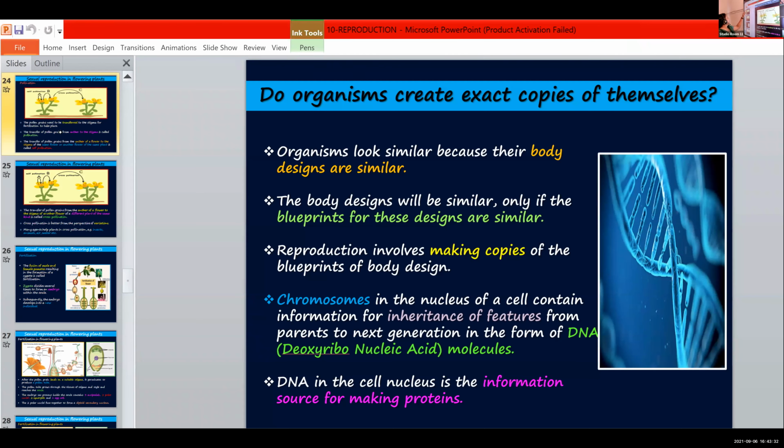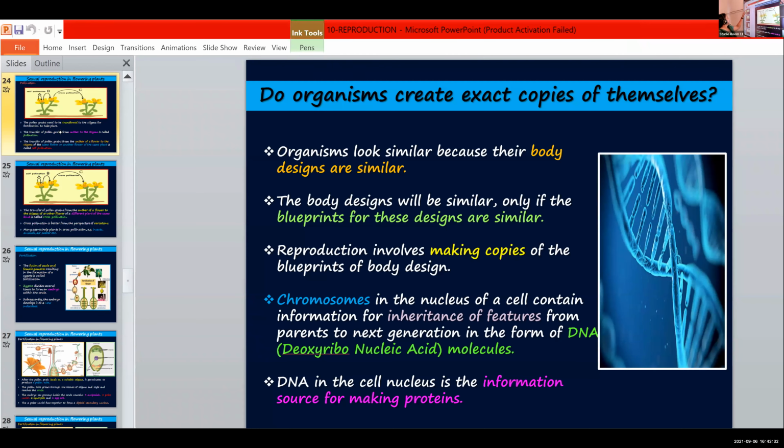And in cross-pollination, it is a transfer of pollen grains from the anther of a flower to the stigma. I told, up to here it is same. It's common for self and cross-pollination. Of another flower of a different plant of the same kind, that is cross-pollination.